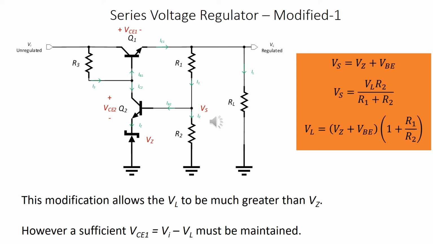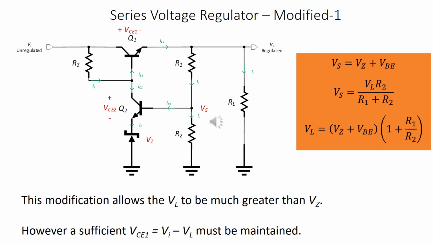Looking at the current relationship, the current through R3, we need two voltages to find the current through R3. One end of R3 is connected to Vi unregulated. The other end of R3 is connected to the base of Q1.